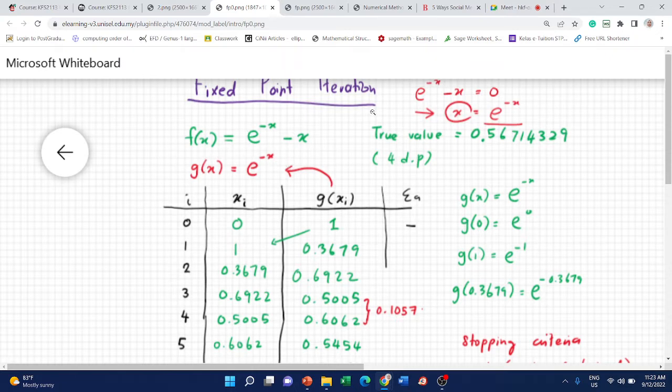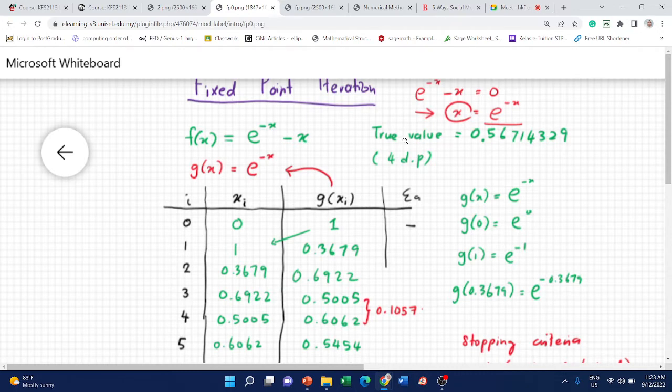For this fixed point iteration, the true value is given here, 0.56714329. How do we get this one? This is the value of x when your f(x) equals 0. Because this is a nonlinear function, you cannot get the answer from your scientific calculator.